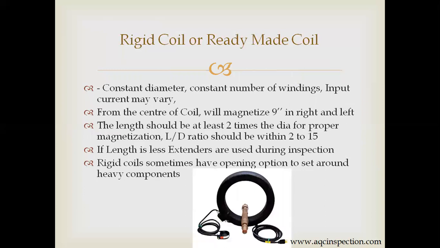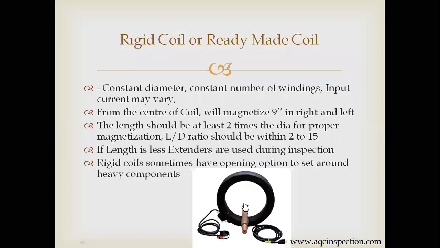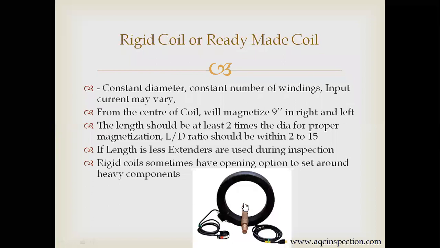Rigid coil. A rigid coil is a setup with copper coil windings of 2 to 3 or 5 windings, and the component is placed between the windings.